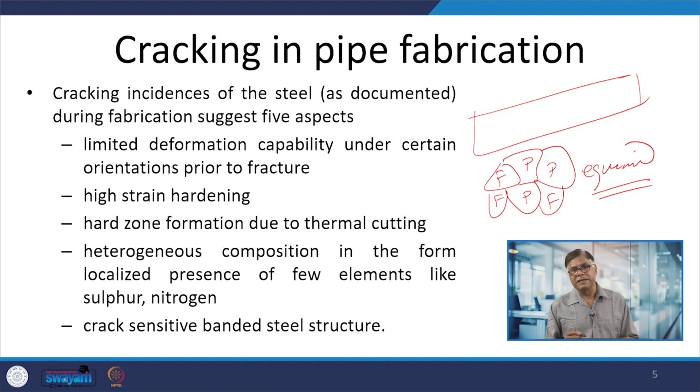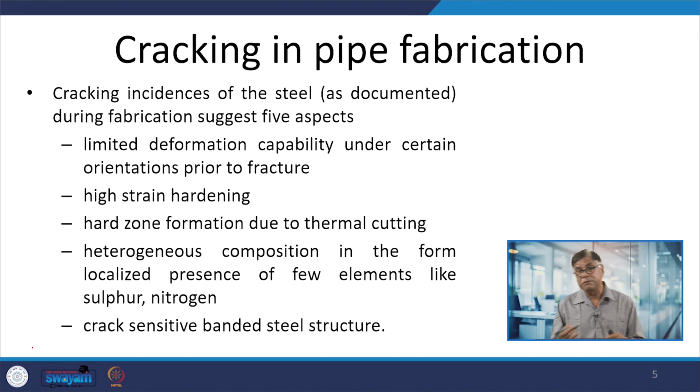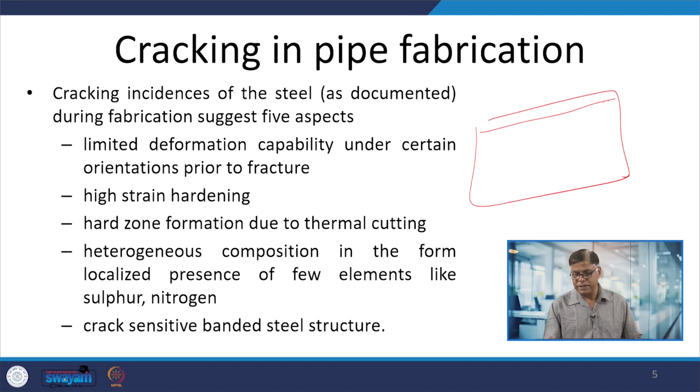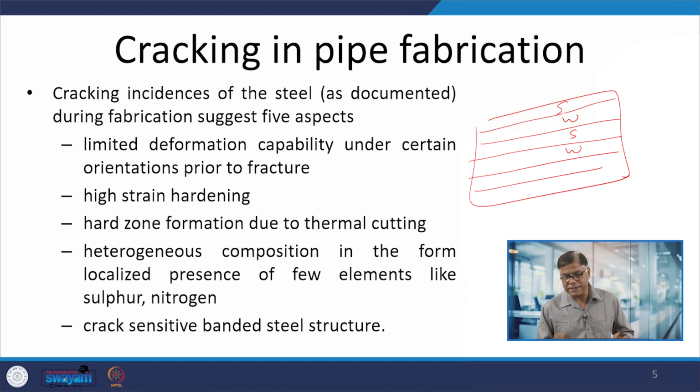But what happens if the weak phases get segregated and aligned at a particular location, forming a particular kind of band? Then this will promote the sensitivity to cracking. In that case, there is one strong phase, then weak phase, strong phase, weak phase, like that. So, this is the kind of alternate layers that is possible.